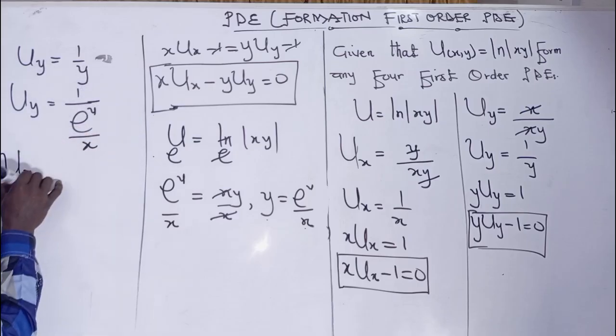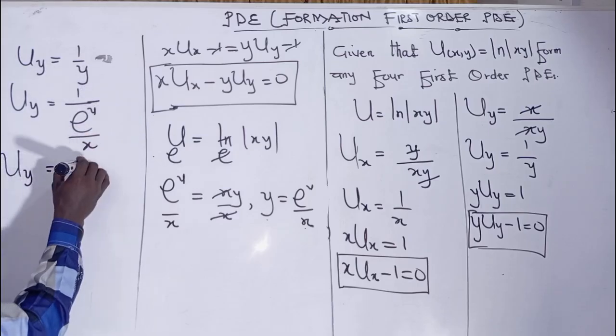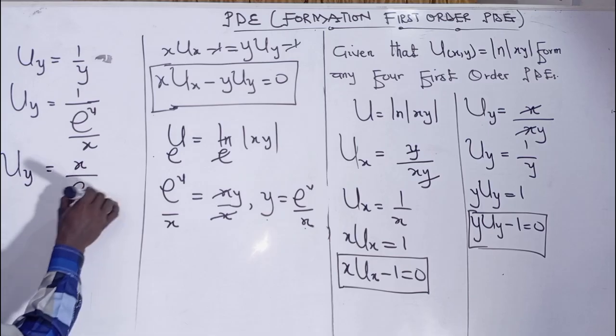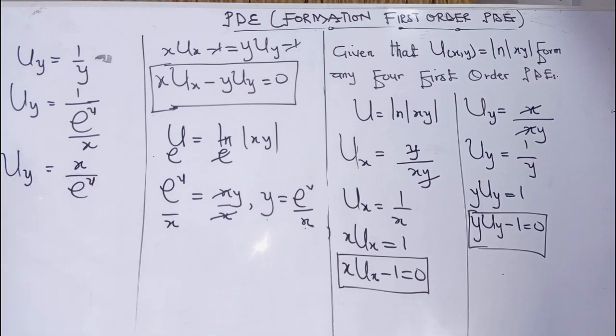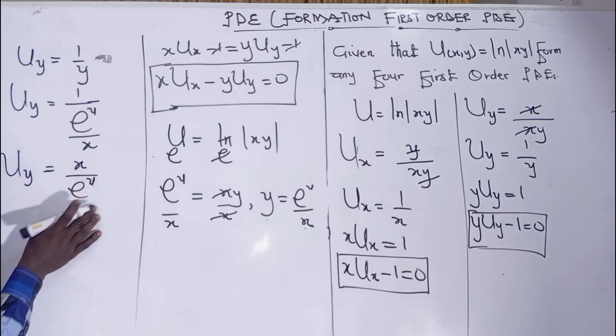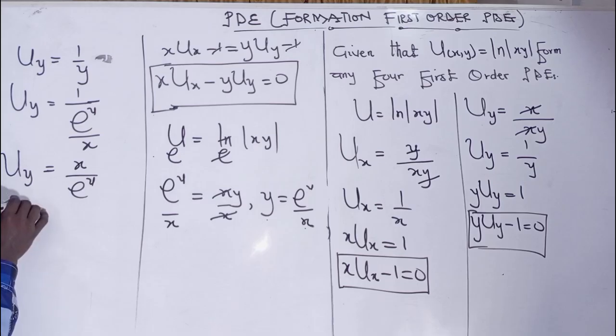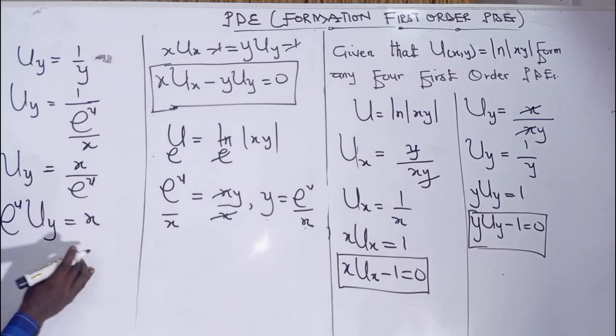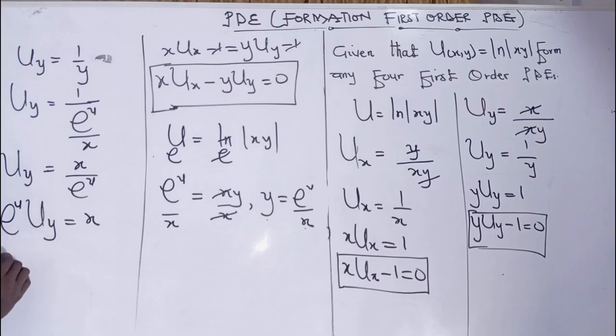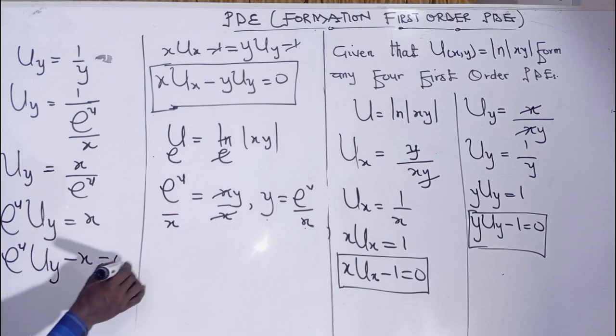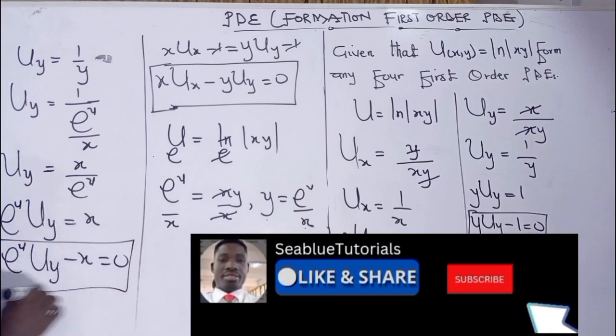When you do your algebra, you are going to get uy is equal to x all over e power u. And when you do your cross multiplication, you are going to get e power u uy is equal to x. Let's bring all of this to the left hand side. We have e power u uy minus x is equal to 0. We have our last one.